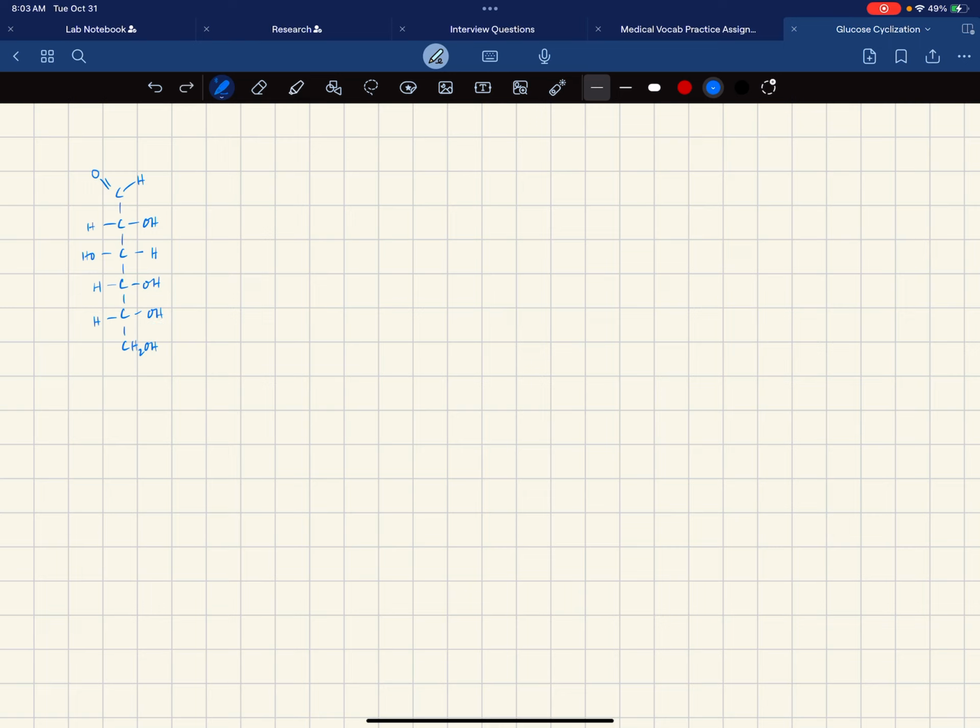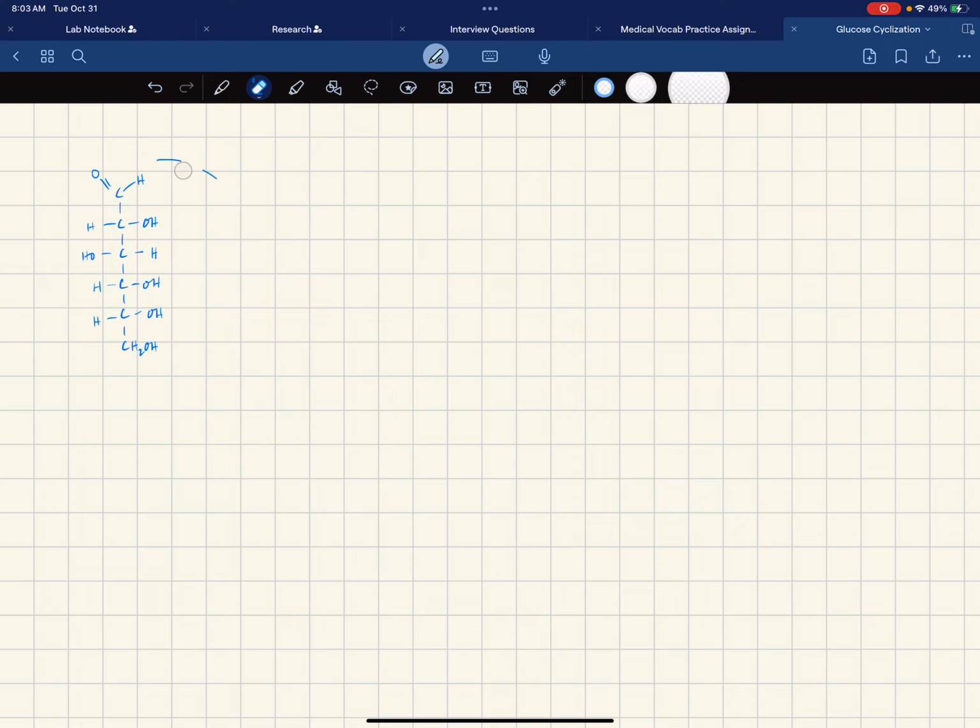And so if I want to cyclize this, if I want to turn this into the ring form, I just blanked on the actual name for that. But what I'm gonna start doing is turning it on its side like this.